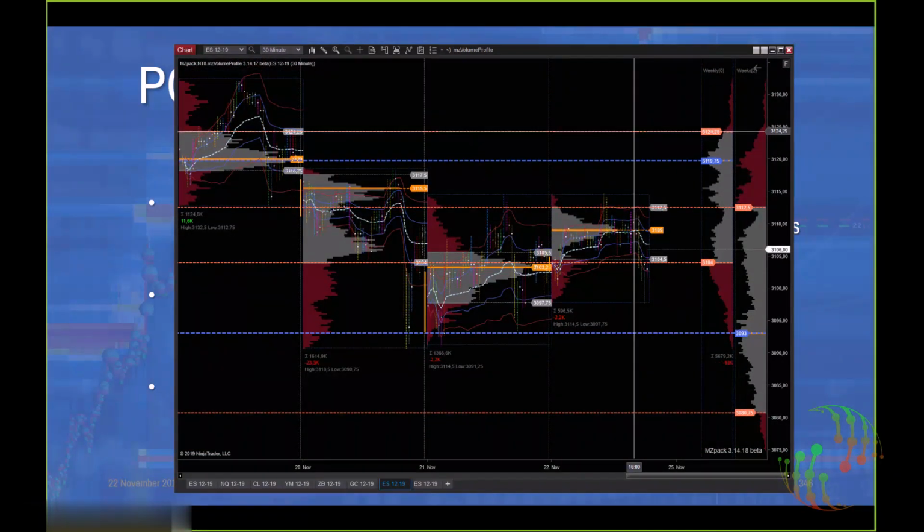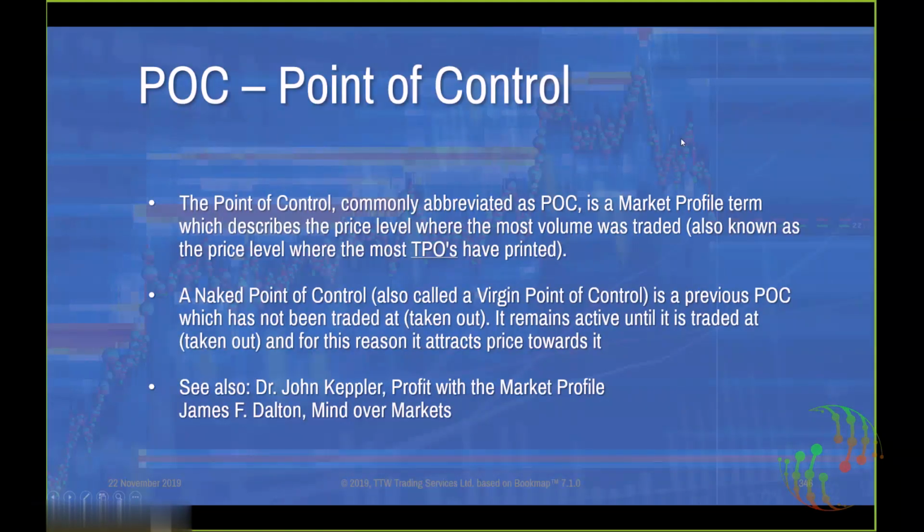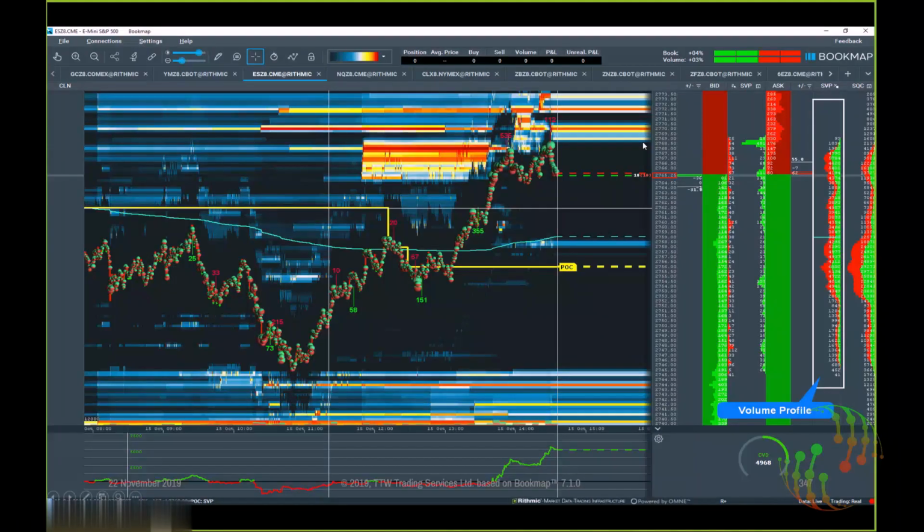You can also use these POCs as a marker in your Bookmap chart. Maybe they come together with liquidity. So it's always good to know what volume profile is and what a POC is.